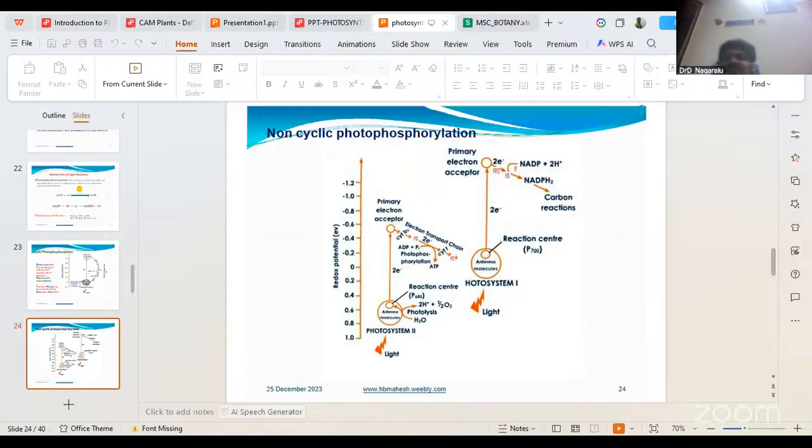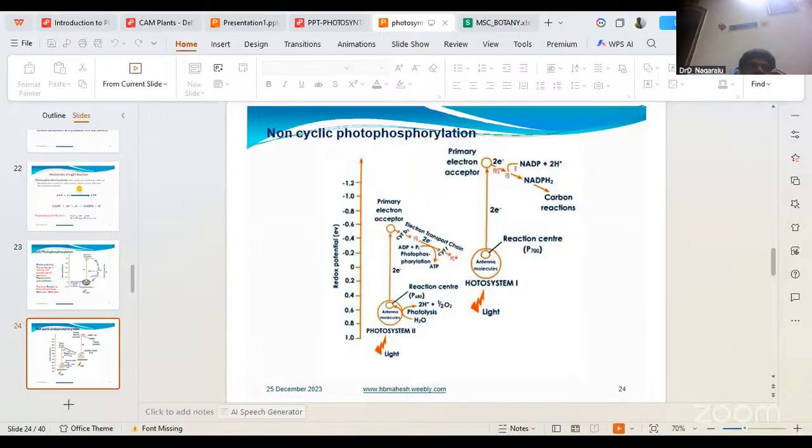Dark reaction does not mean it happens in the dark. It does not happen at night. It also happens in the daytime only, but independent of light, with no use of light. The light reaction, by using the light, produces the ATP and NADPH.